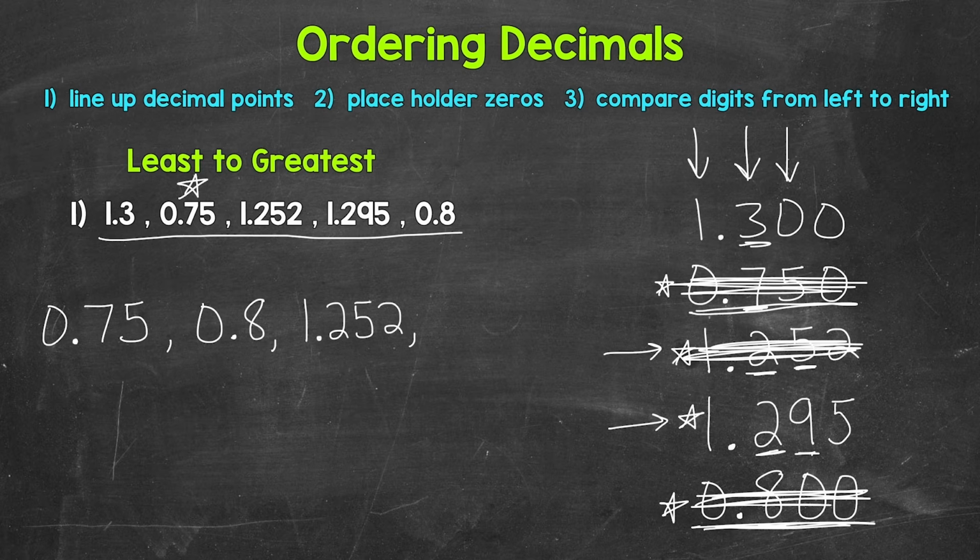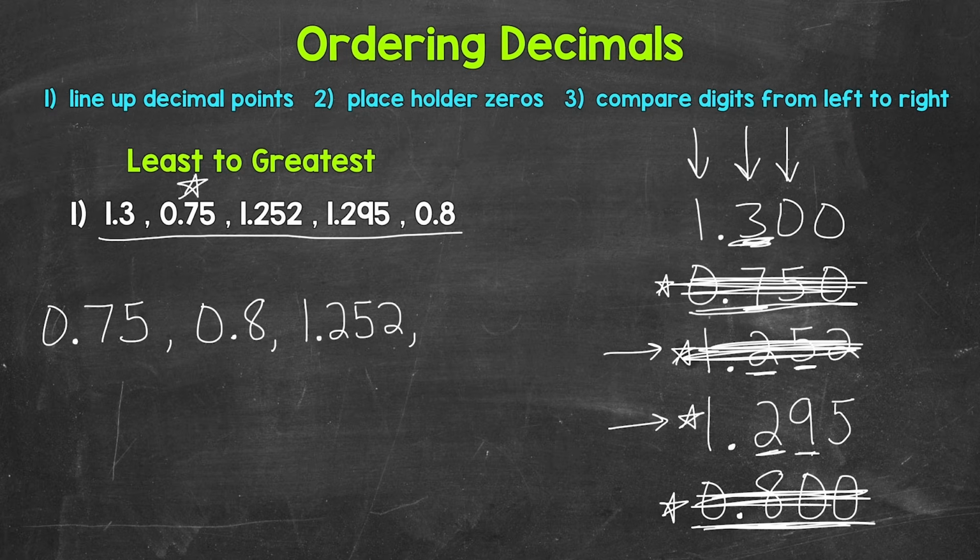Now, another way to think about that, we could have thought 252 thousandths compared to 295 thousandths. 252 thousandths is less than 295 thousandths. Now we are down to our last two decimals. So let's compare digits. We have ones in the ones place. So let's move over to the tenths.